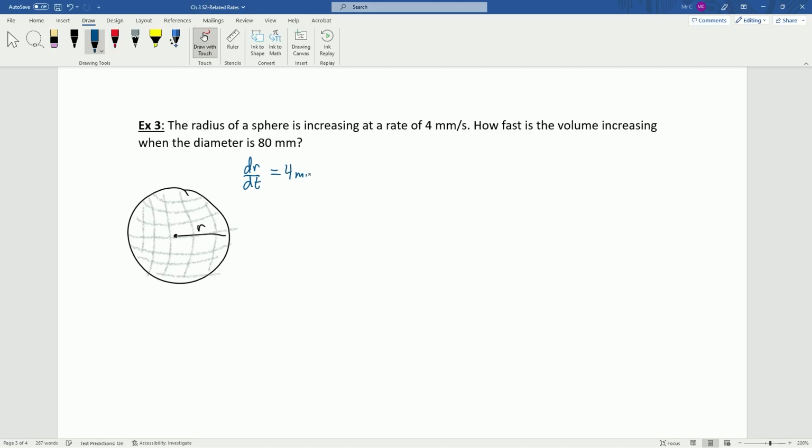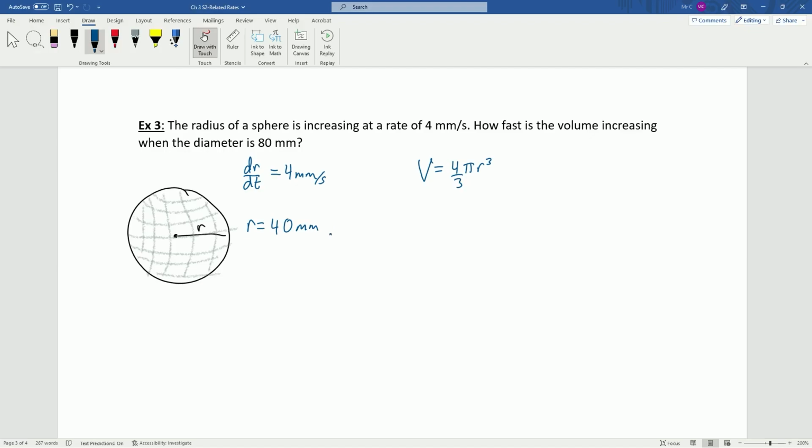Okay, that makes sense. But here, the diameter is 80 millimeters. Well, if I'm trying to figure out the volume of this thing, first of all, what is the volume? In general, it's 4/3 pi r cubed, right? But I need the radius, and I've been given the diameter. But the radius is just half of the diameter.